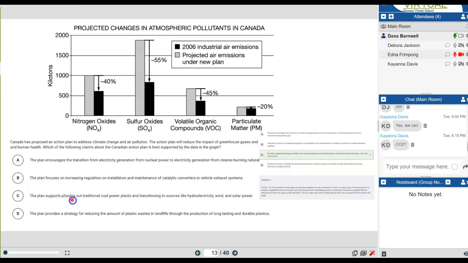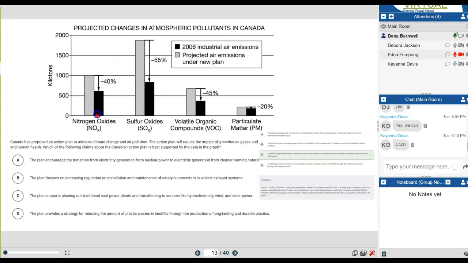The plan supports phasing out traditional power plants, okay, and transitioning to sources like hydroelectricity, wind, and solar power. Well, why is it they would do that? What they're trying to demonstrate is that under the new plan, we want to reduce the amount of compounds that are going to be part of our pollutants.